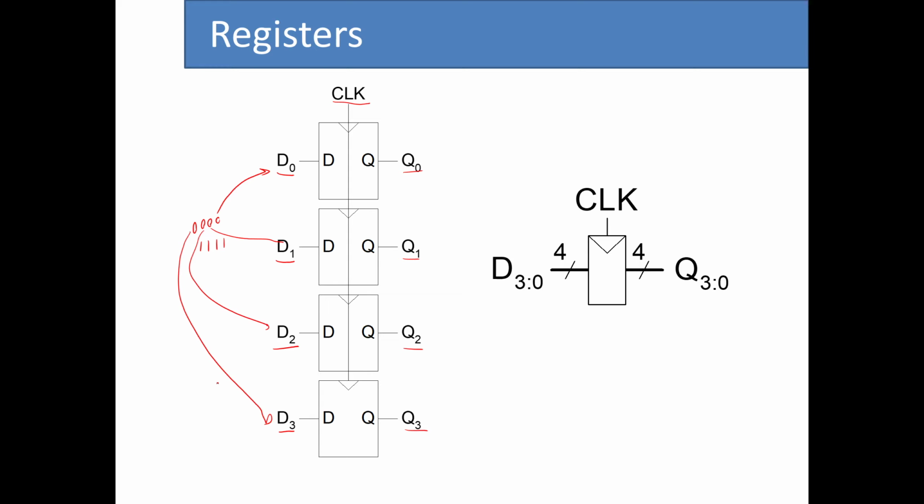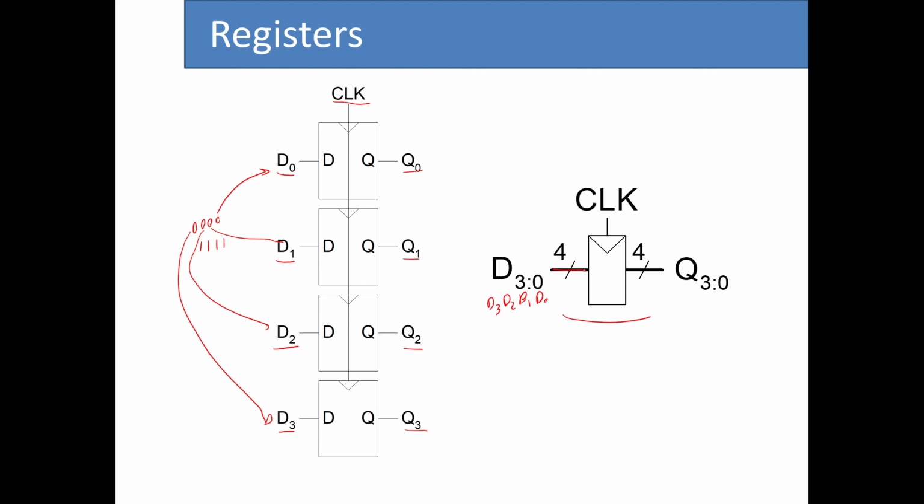To avoid complicating things when we want to draw these, it is very common that we use a shorthand representation for such a register. So we have D3:0, so that means that it has 4 components: D3, D2, D1, and D0.